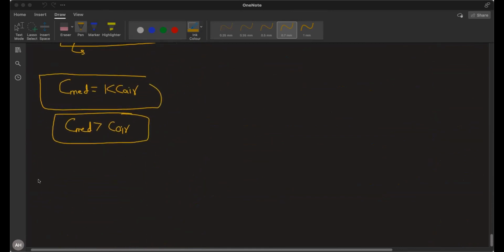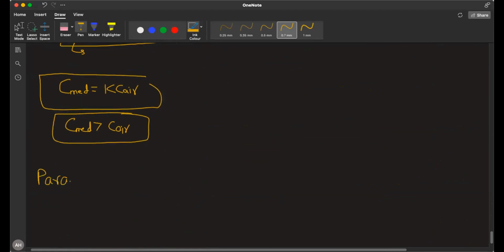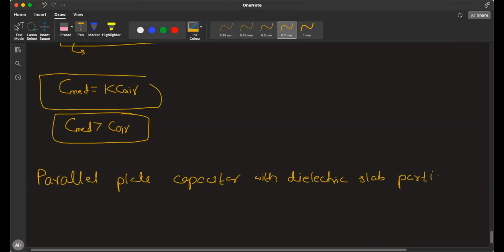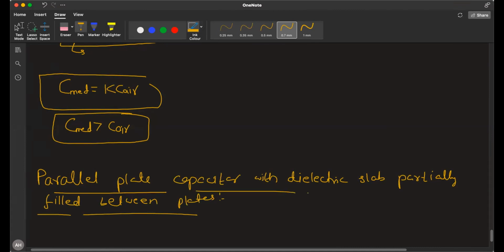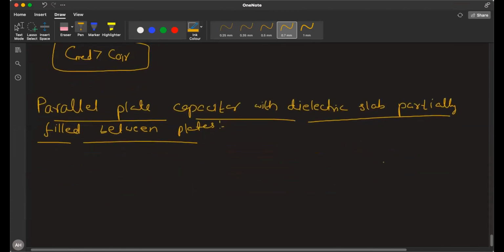Next case, parallel plate capacitor with a dielectric slab which is partially filled between the plates.